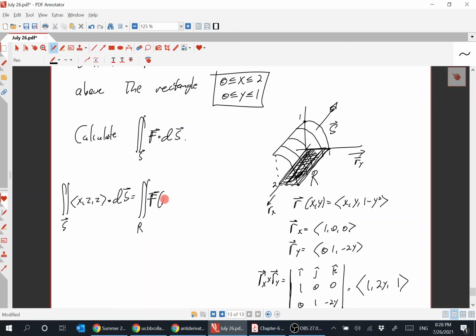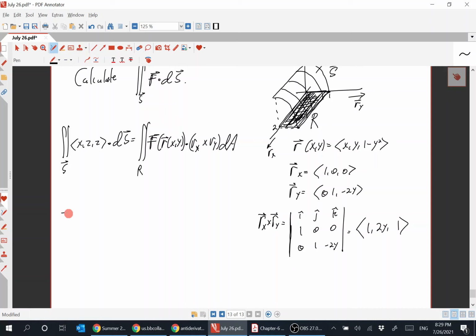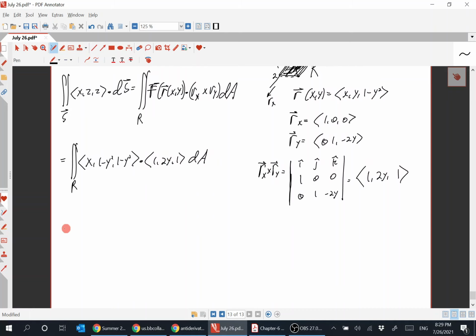It's F of r of x, y dot r_x cross r_y dA. So this is equal to the double integral over R of x, z, z, where x is x and z is 1 minus y squared, dot (1, 2y, 1) dA. So it's the double integral over R of x plus 2y times 1 minus y squared plus 1 minus y squared dA.